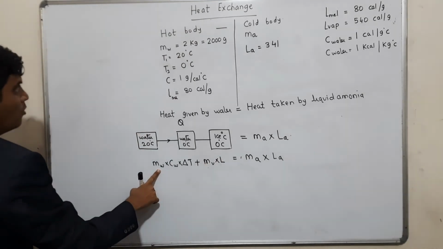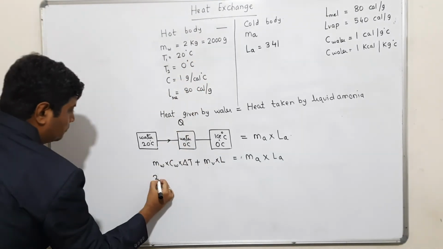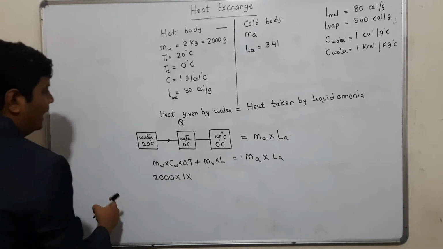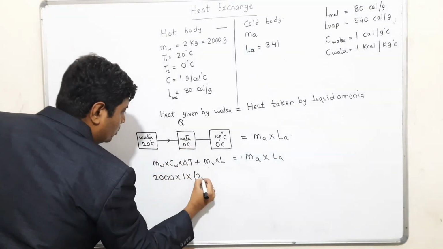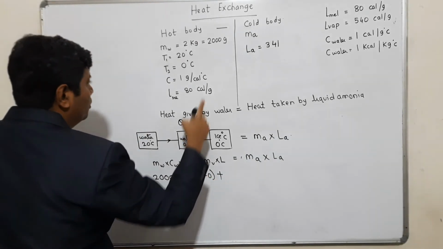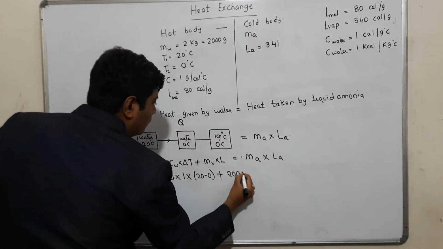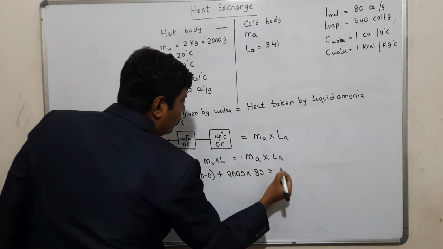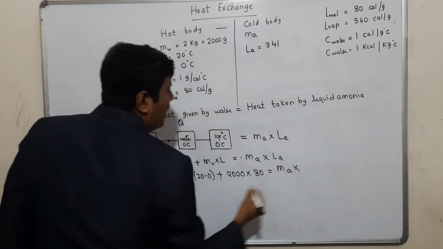What is MW? What is the mass? 2000, multiplied by CW, which is 1, multiplied by delta T, it is 20 minus 0, plus M into L. How much is M? 2000. Into what is L? L is 80. And this is equal to Ma multiplied by La.